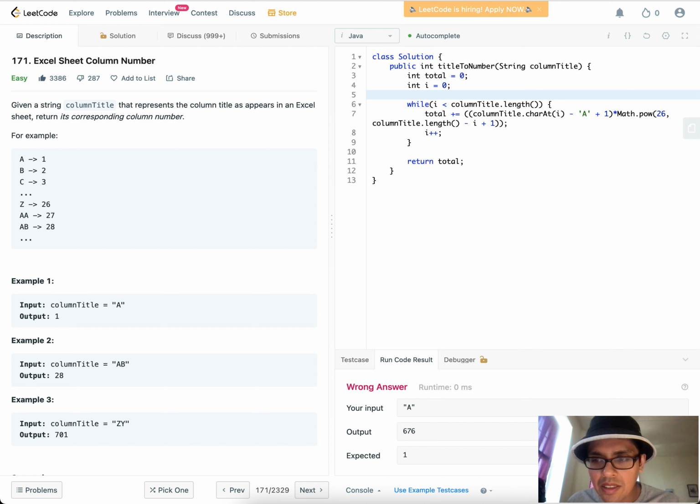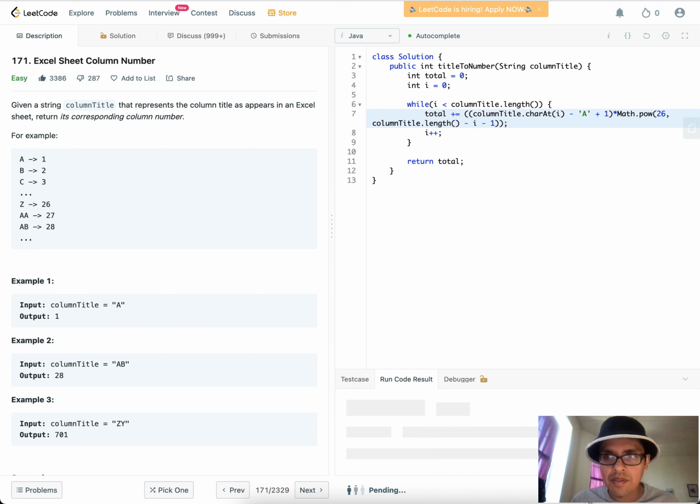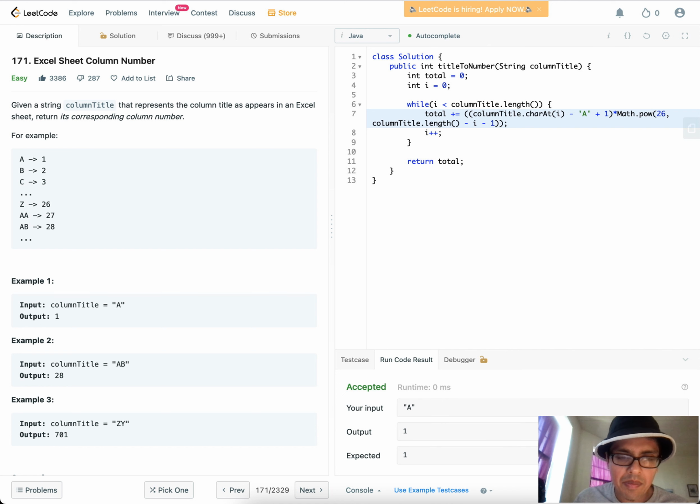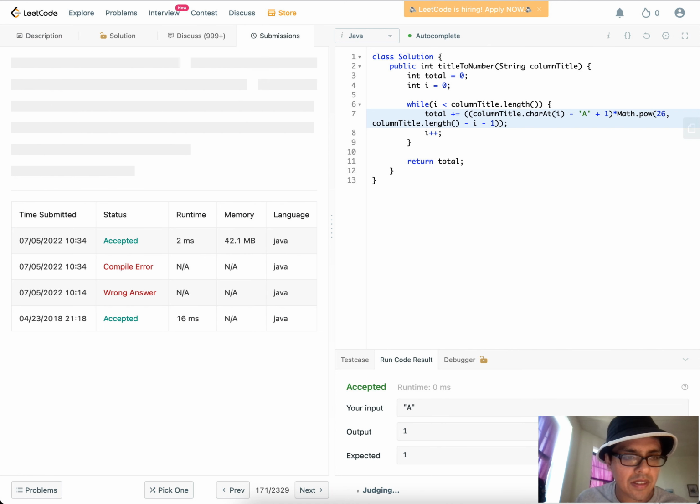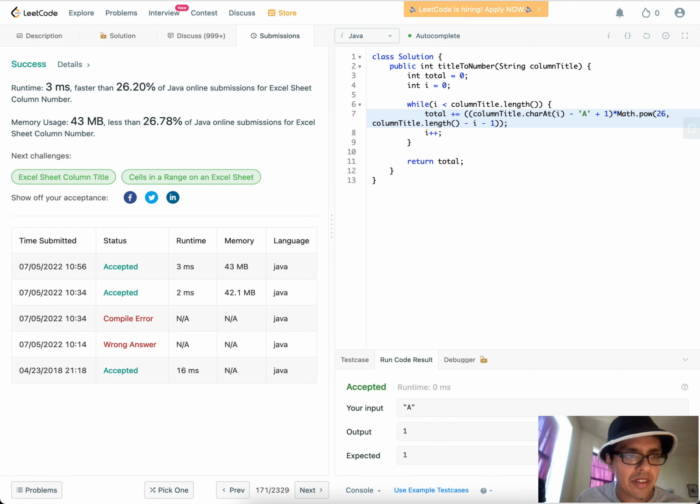Math.pow 26, columnTitle. Let's see. It should be minus 1. Oh, okay. Yep, that worked. And there you go. Okay, so yeah, that's the answer.